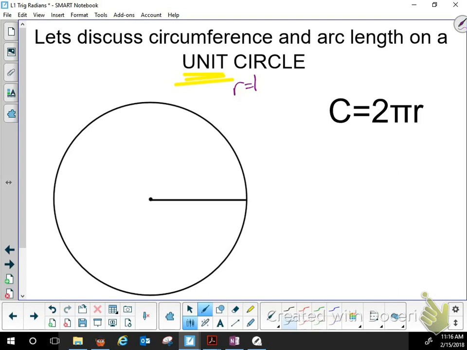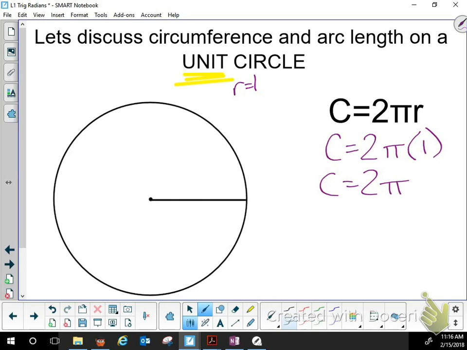By calling it a unit circle, you know its radius is 1. So what is the circumference of this circle? The circumference of the unit circle would be 2 pi. Radius is 1, so my circumference is 2 pi.